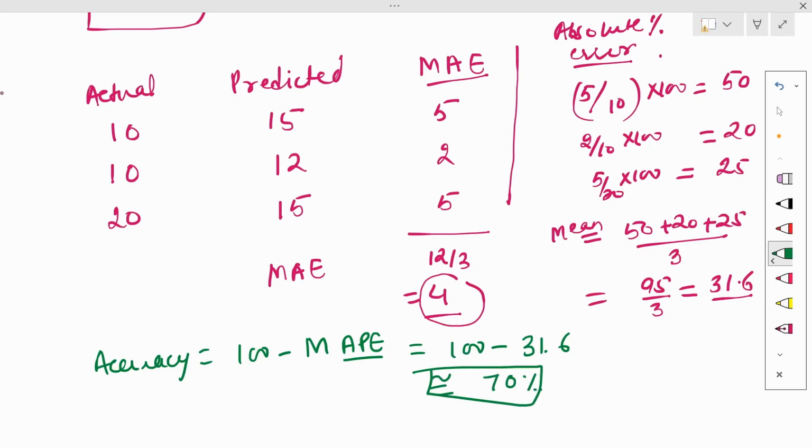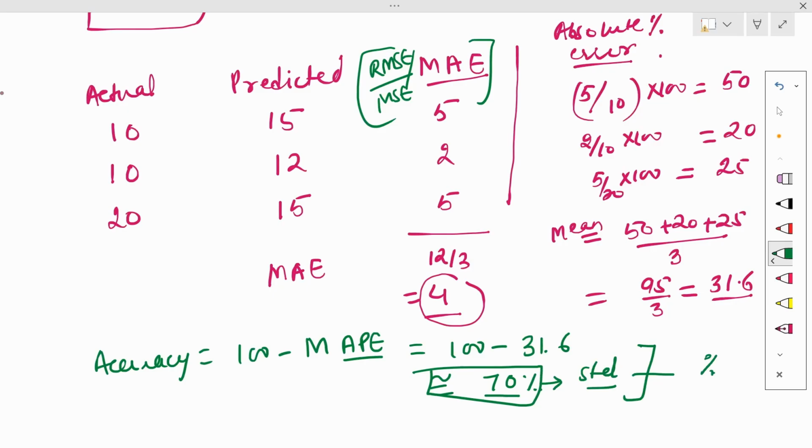So the accuracy of our model is 70%. Now this is a standard term. Even if we are calculating either root mean square error or mean square error, this final term will be in the same unit, which is the percentage of how accurate our algorithm is performing.